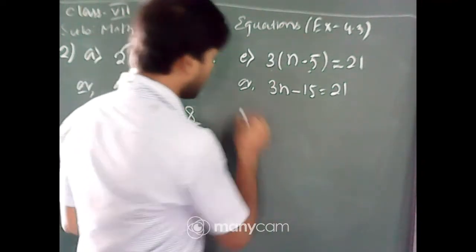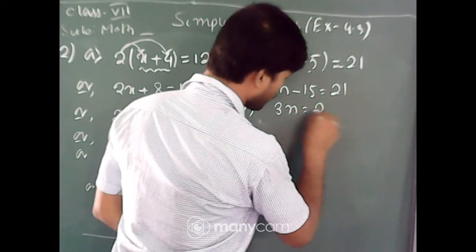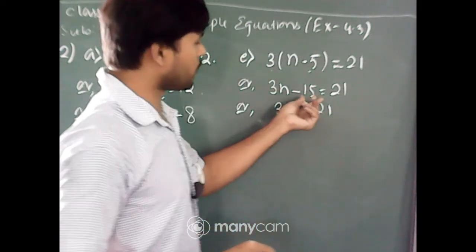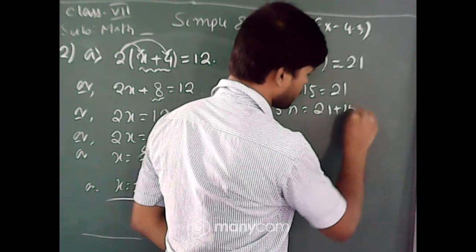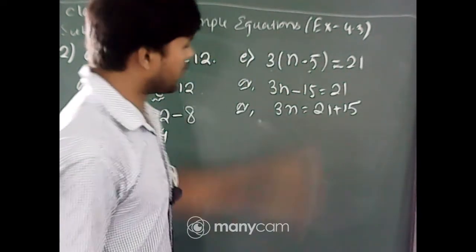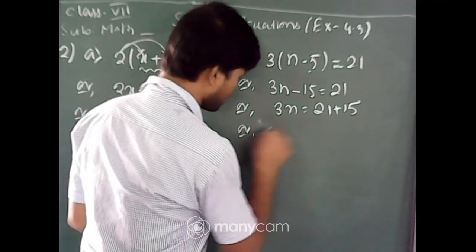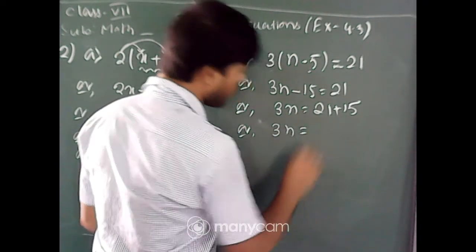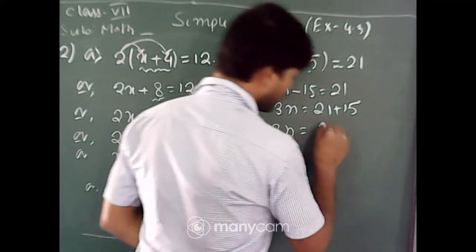That means 3n will be equal to 21, and now the sign of 15 is negative, so if I shift it, the sign will be positive. Minus 15 will be plus 15. That means 3n will be equal to 21 plus 15, the result will be obviously 36.